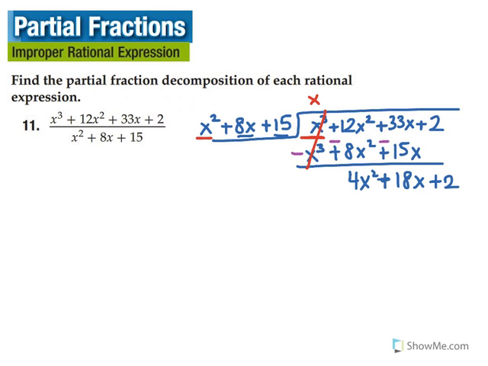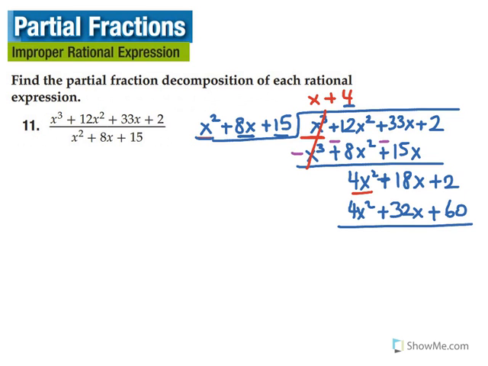Now I will do the same for 4x squared here. So I should multiply this expression by 4, so that 4 times x squared will give me 4x squared, plus 4 times 8 will be 32x, plus 4 times 15 is 60.